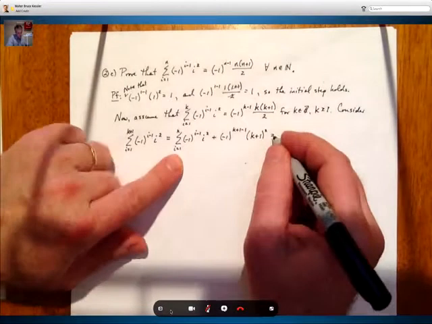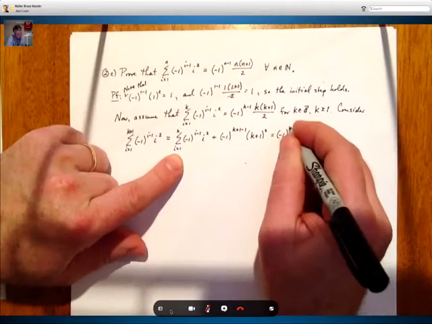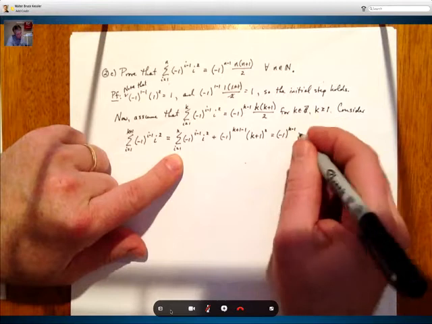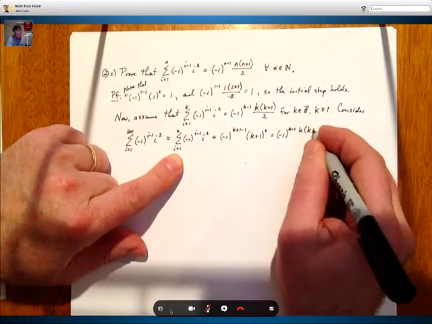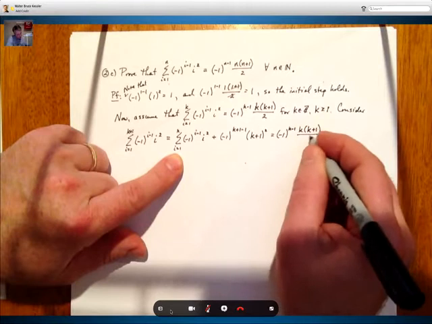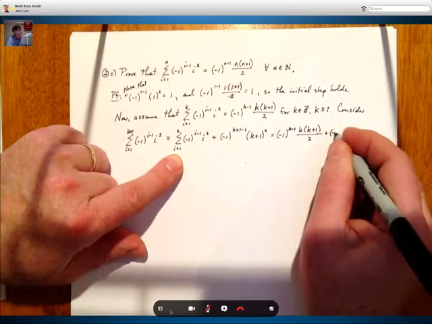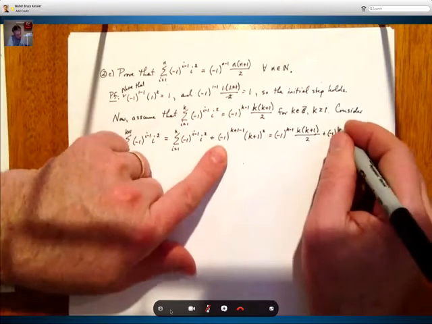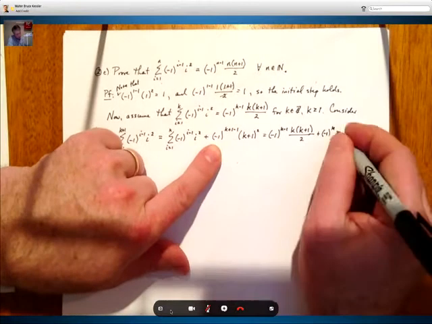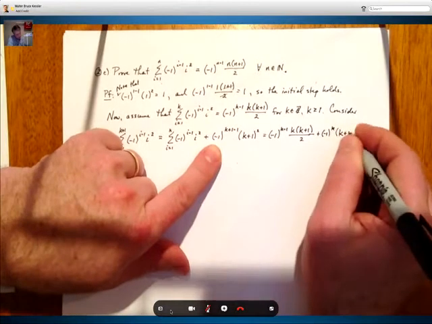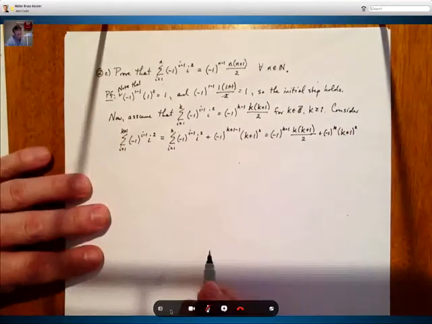Now, by assumption, this part right here is this: negative 1 to the k minus 1, k times k plus 1 over 2, and then we've got this term, the negative 1 to the k, just k, right, plus 1 minus 1, and then k plus 1 squared.